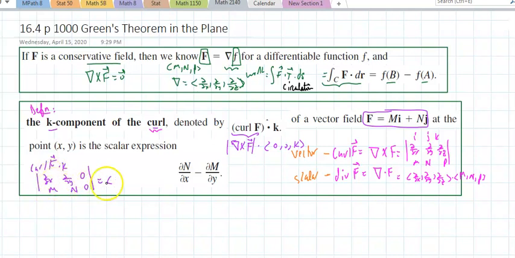So the i component is 0, the j component is 0. It turns out the only piece that will remain would be the partial of N with respect to x minus the partial of M with respect to y.